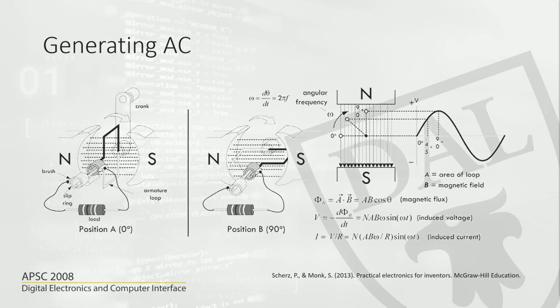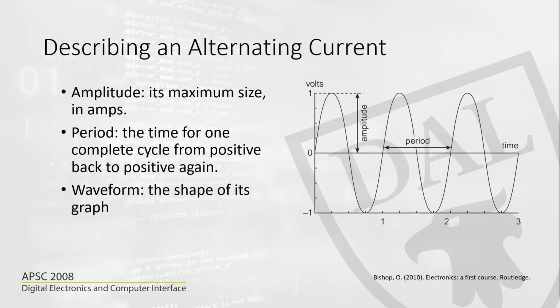And let's see some of the ways we can describe alternating current. Alternating current can be defined using two parameters, technically three, but mostly the waveform is going to be sinusoidal. If we assume that it's going to be sinusoidal, there are two parameters required to define an alternating wave. One is the amplitude.